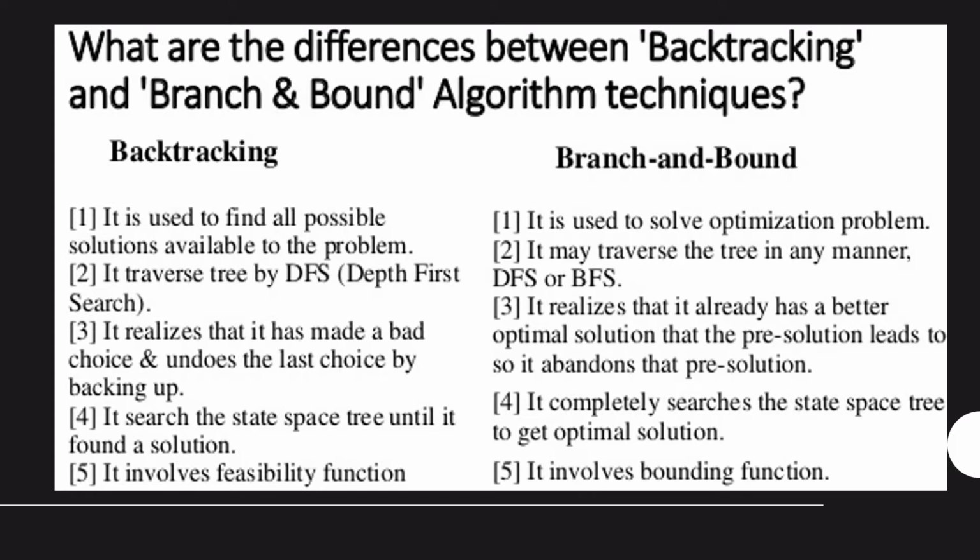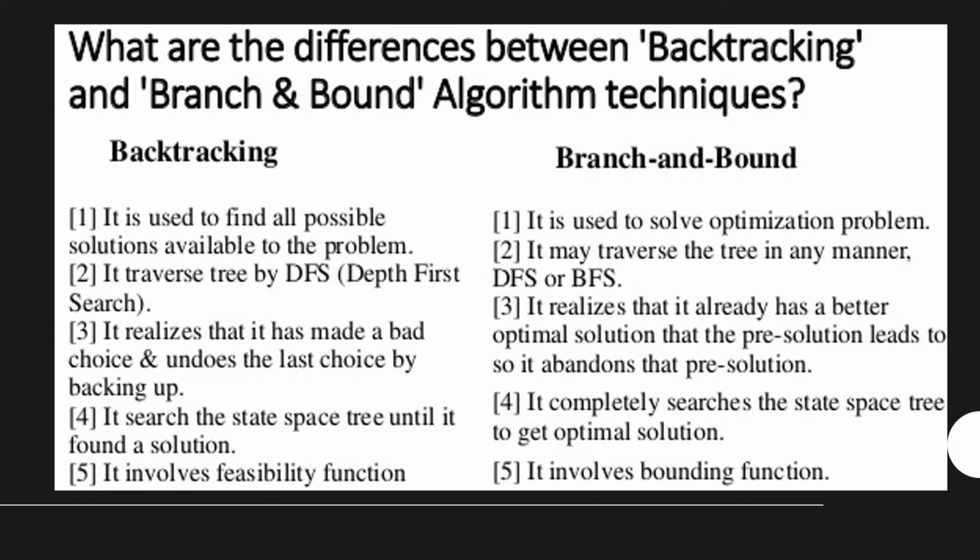If a solution is already present and while constructing we find another solution that is more optimal than the existing one, we can terminate the previous solution and get the optimal solution. We need to find the optimal solution, that is actually the better solution, right? So that is the intention of branch and bound compared to backtracking.